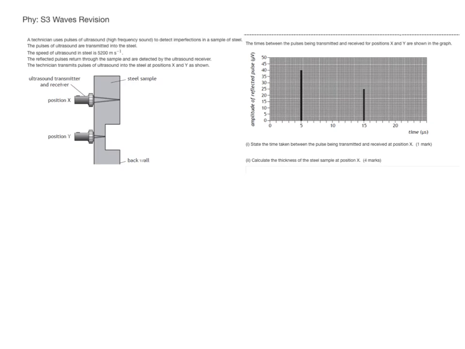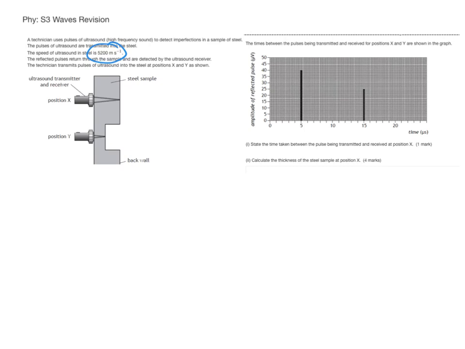Okay, so this question has quite a lot of diagram information that you've got to work carefully with, making sure you're getting everything you can out of the question. First of all, we have a speed of the ultrasound, and we've got this idea of the ultrasound being transmitted into the steel, reflected, that's an important idea, and detected by the ultrasound receiver.